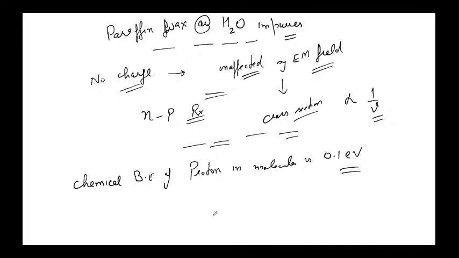If we strike a neutron with energy greater than this binding energy, then we can easily eject those protons, which get scattered at different angles. If we strike neutrons with energy greater than 1 electron volt, it is easy to knock out protons from these molecules, and those protons get free. So this is the lower limit to the neutron energy.